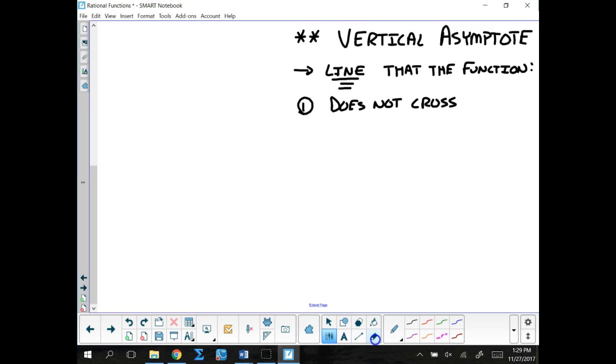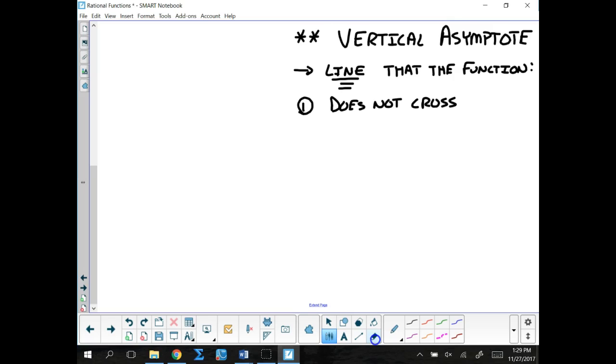Because if it crossed the vertical asymptote, it would exist at that number. It can't exist at 2 in this particular case. Because at 2, we divide by 0. If x is equal to 2, I got 7 over 0, and that just doesn't work out.